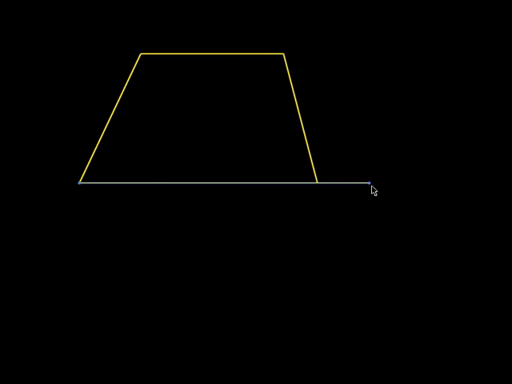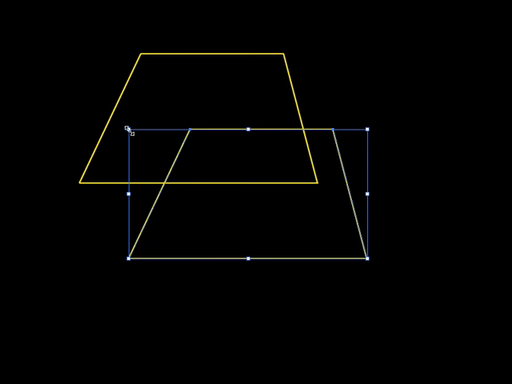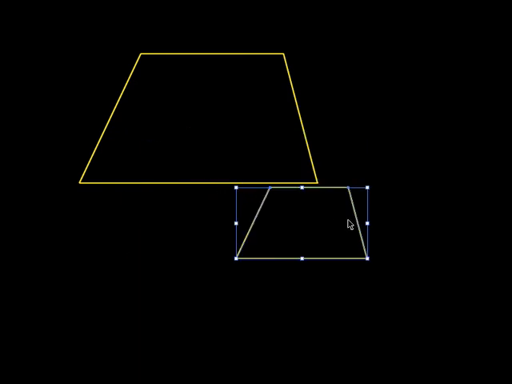There we go. Alright, and I'm going to group it and copy it and paste it and just make it a little bit smaller, like that. And what they do here, I think they just rotate it around like that.